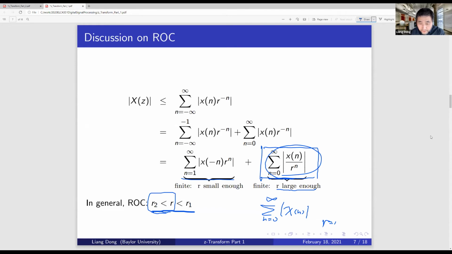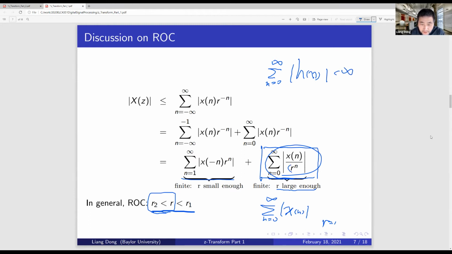And if I'm checking the stability, I'm looking at the absolute summable. So we have here the sum over the signal, or if it's a causal system, then simply replace x with h. We want to make sure this is finite.